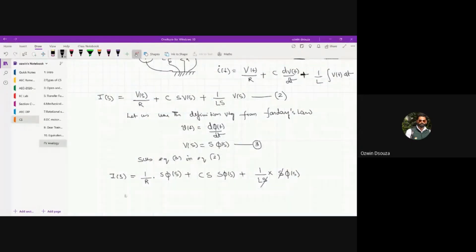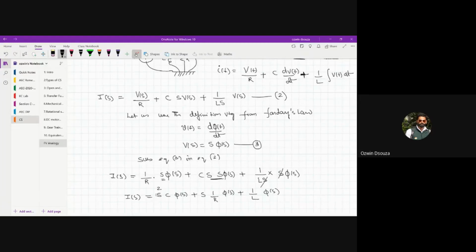So you are left with I of s is equal to, here s into s is s square, so s square into C into phi of s, plus s to the power 1 over here, so it is s into the coefficient 1 by R into the variable phi of s, plus a term which is independent of s, which is 1 by L into phi of s.